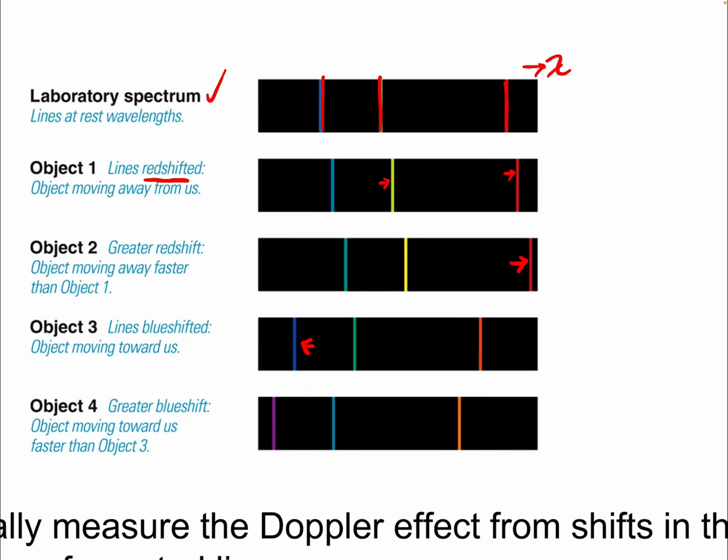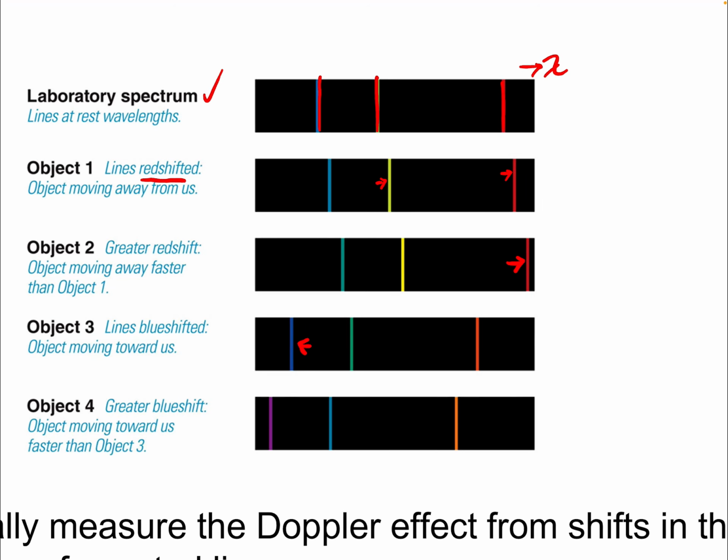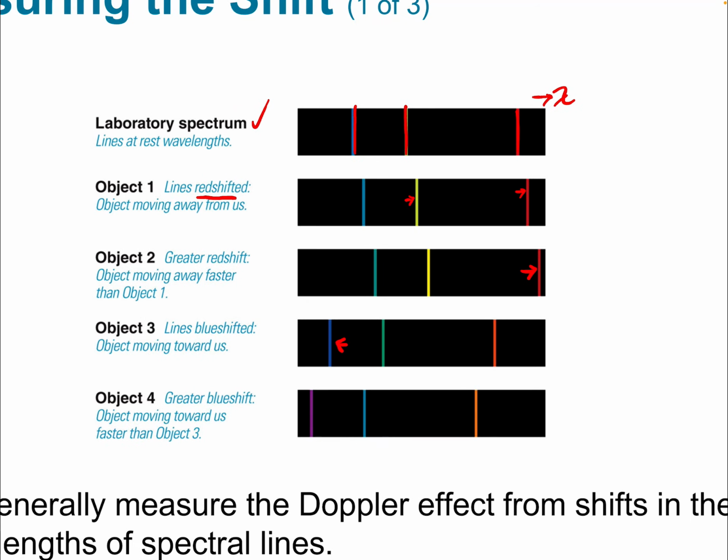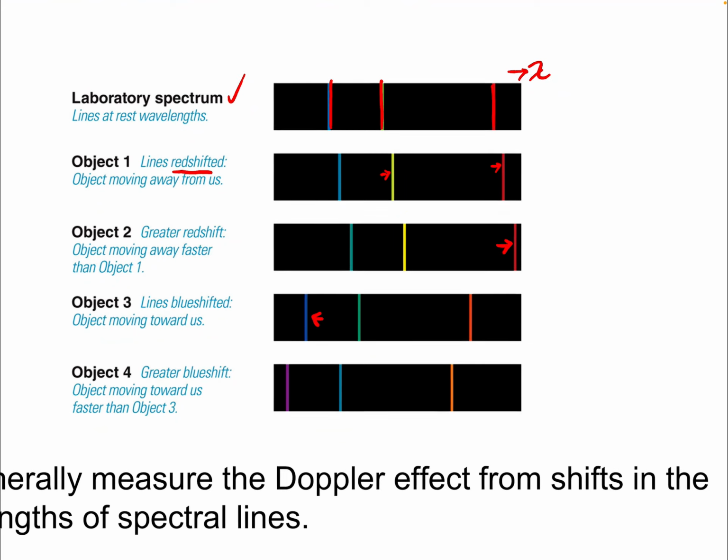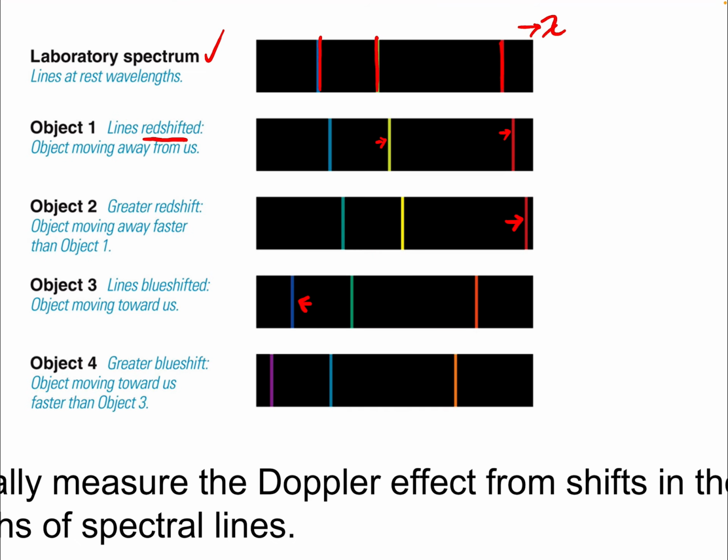Here we have the greatest blue shift. Wait, where did that purple line come from? Object 4 has a greater blue shift, moving towards us faster than object 3. I'm trying to follow along with it. Oh, I see, it just shifted into different colors. The blue line shifted so far it became purple.